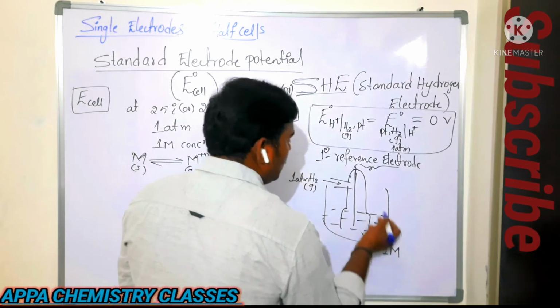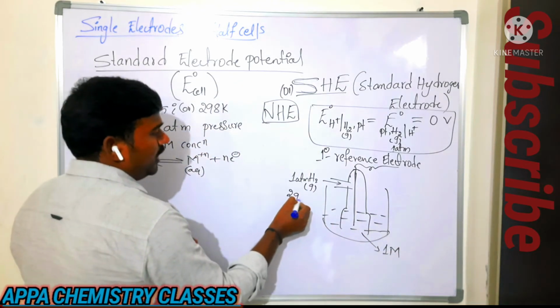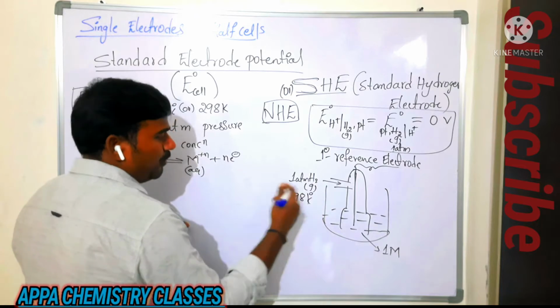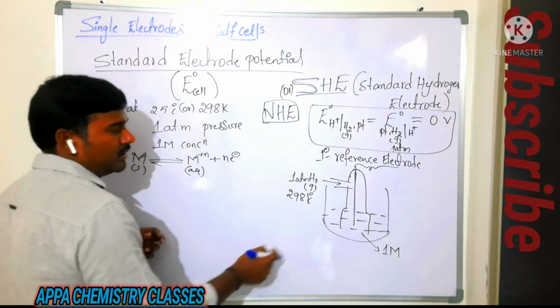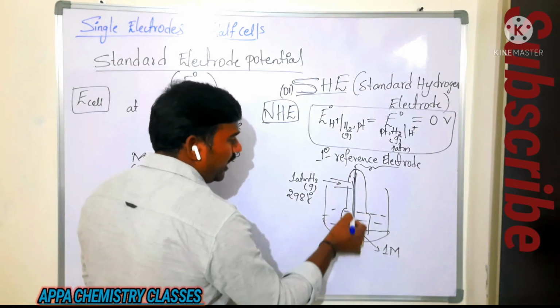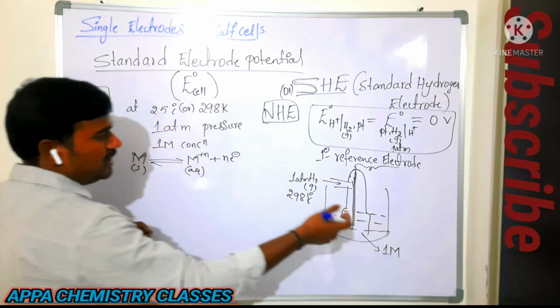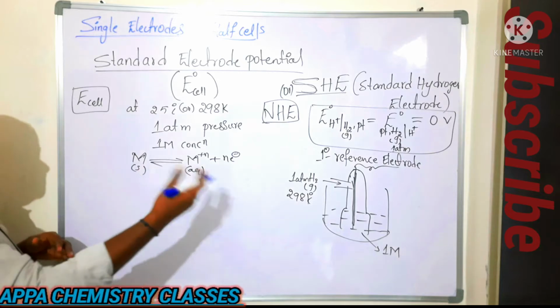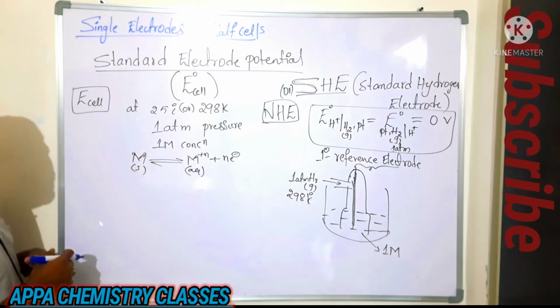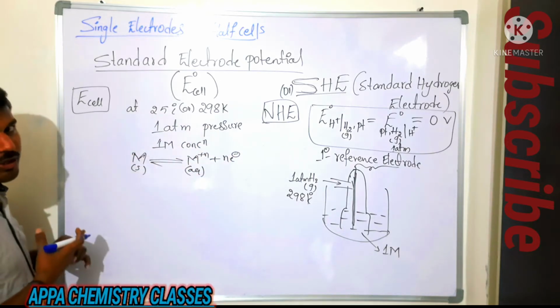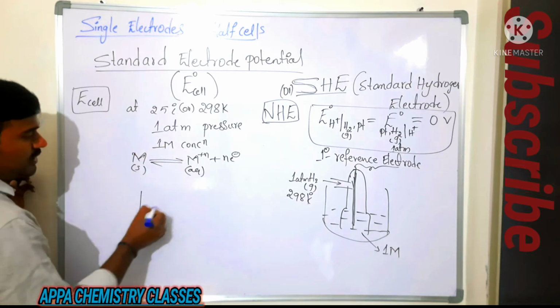At 298 Kelvin, whatever potential is developed at this electrode and this electrolytic solution, both will reach equilibrium. When they reach equilibrium, the potential which develops is what we call the standard hydrogen electrode potential. Now the electrode potential is calculated.